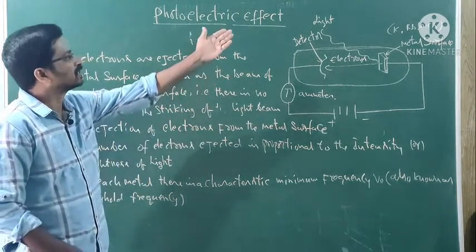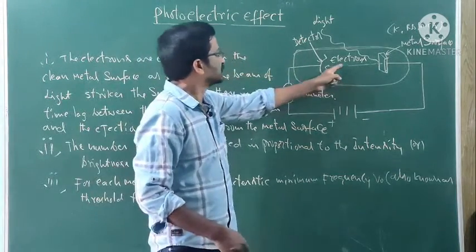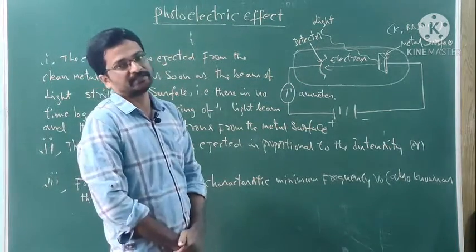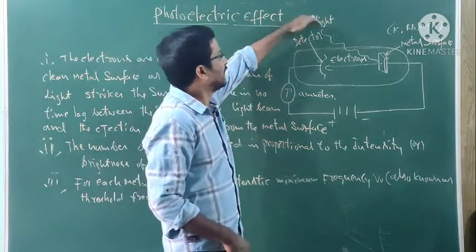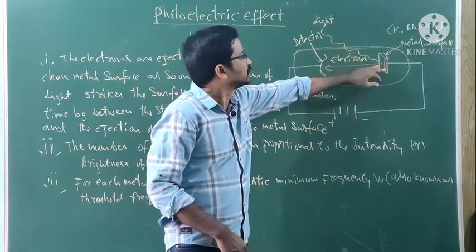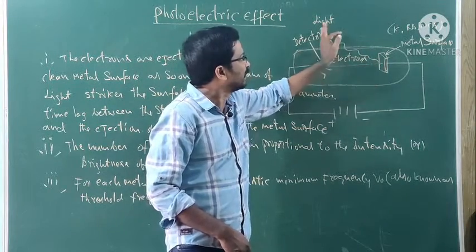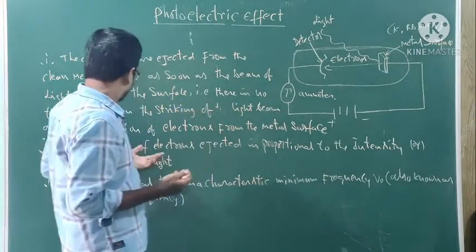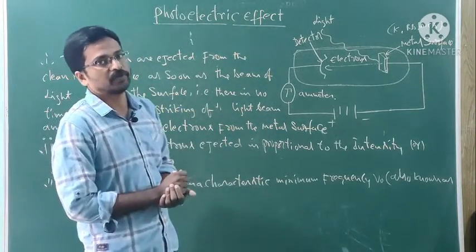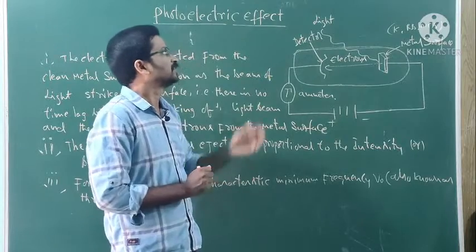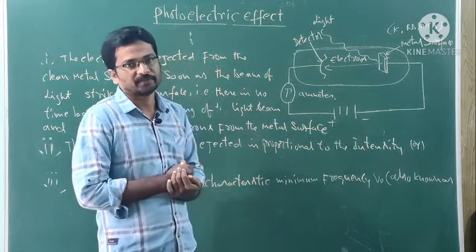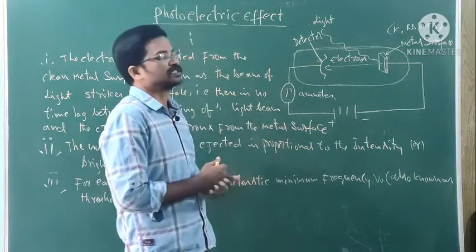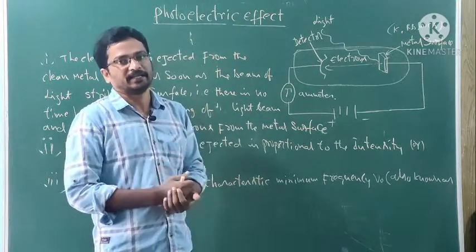If bright light is projected, the metal is exposed to bright light, then it can emit more electrons compared to pale light. As brightness increases, the number of electrons ejected will be greater.